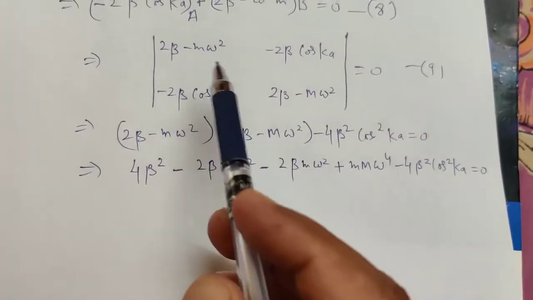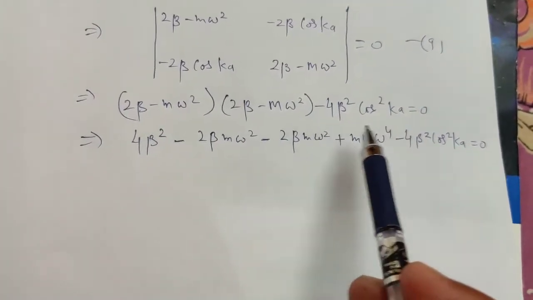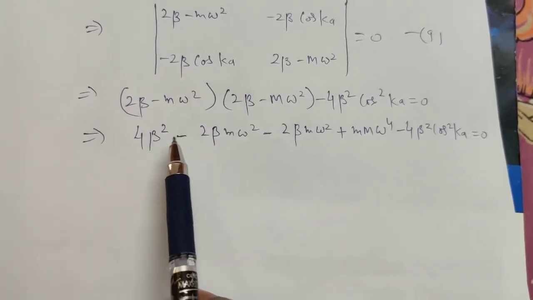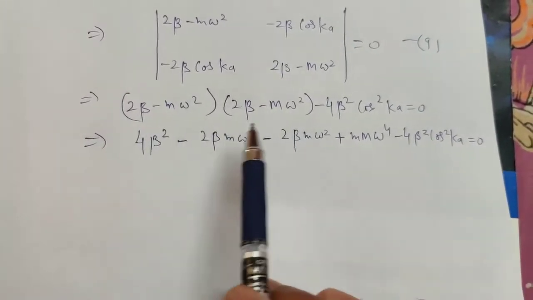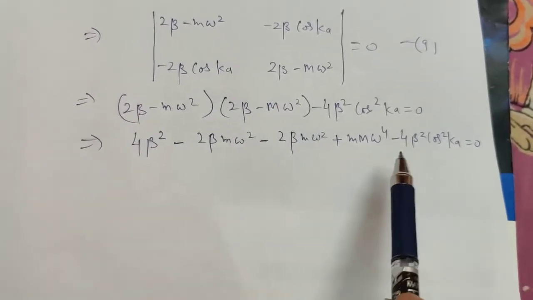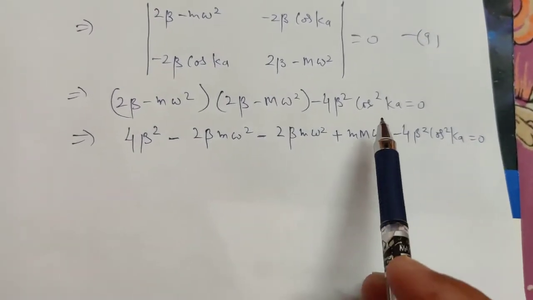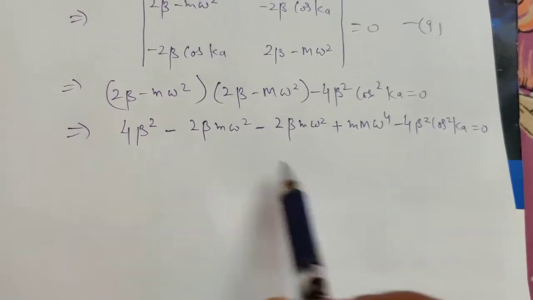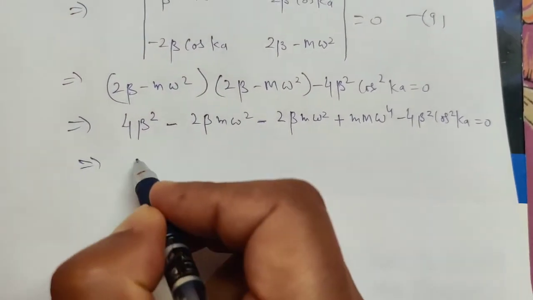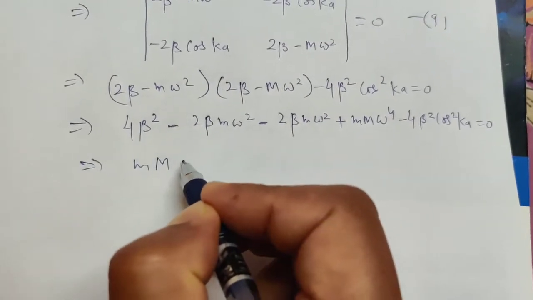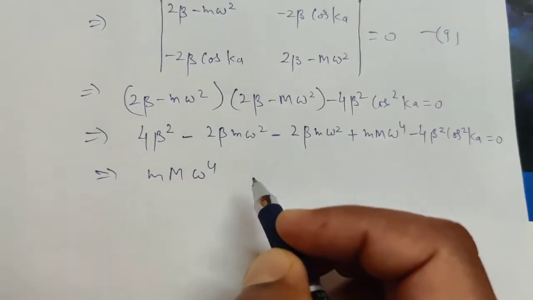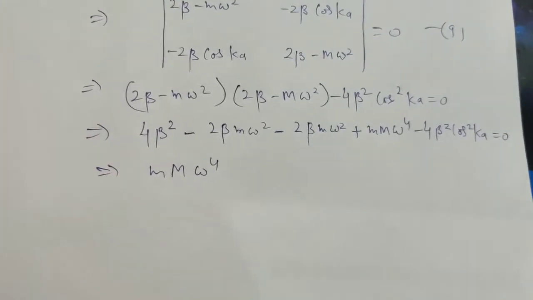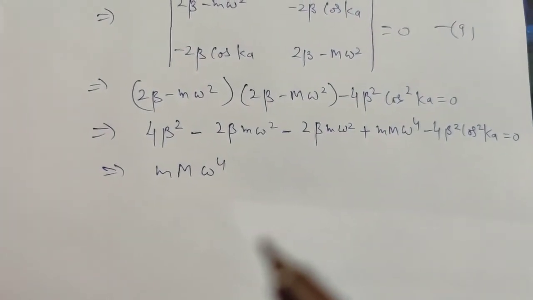So now by using the determinant, we have calculated this. Multiply this by this, and by solving this product we will have this type of equation. The highest power coefficient is small m, so take this forward. This will have omega 4, and this is the same, so this will be added.